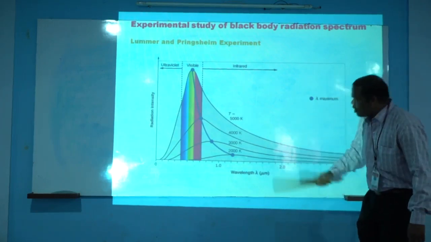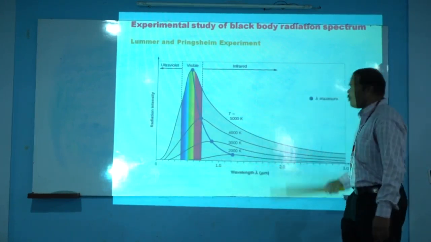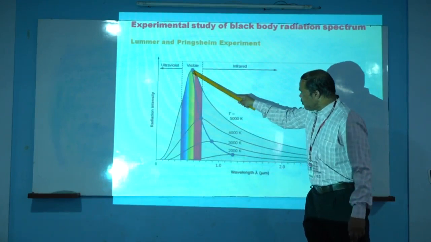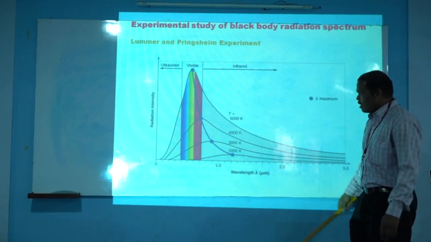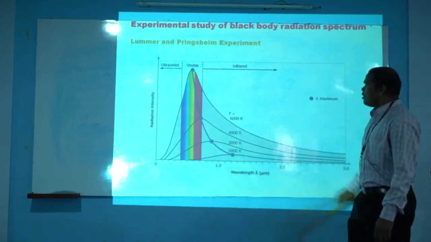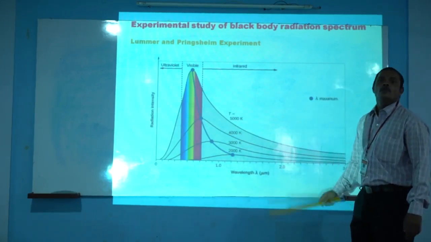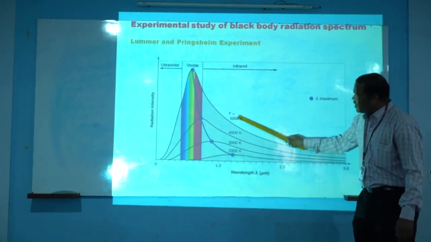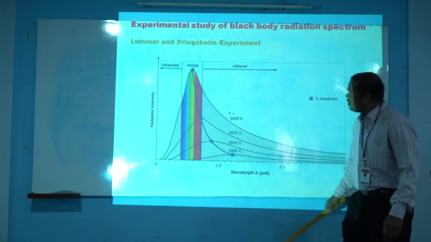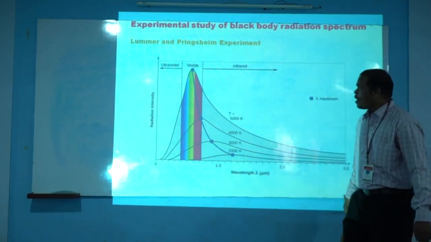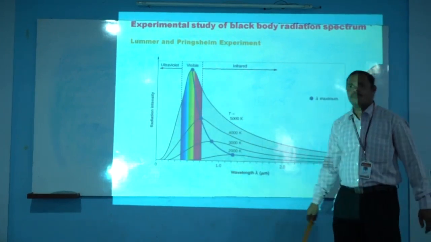When temperature is constant, intensity of radiation increases with increase in wavelength, reaches the maximum value at a particular wavelength, say lambda max, and with further increase in the wavelength, intensity of radiation goes on decreasing. So this is the first observation.